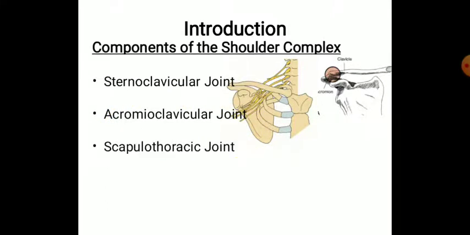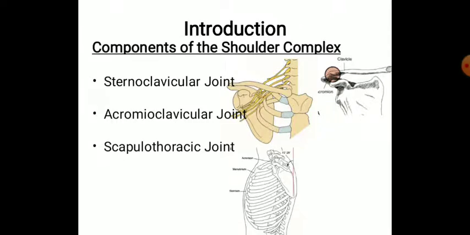Next is the scapulothoracic joint. As I said previously, there are some functional joints. It's not a joint with the exact features of a regular joint, but it acts as a joint in some situations. In other terms we call it a pseudo joint. It never gives you the exact features of a joint.